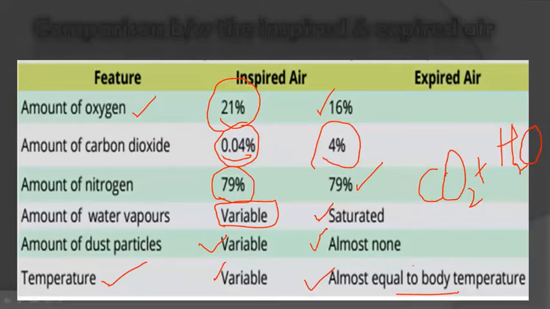Sometimes we feel that the exhaled air has high temperature. It happens when we are wearing warm clothes, and when we have fever or a high body temperature. So the temperature of the air will be increased.